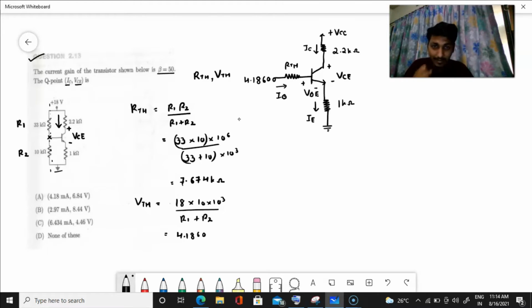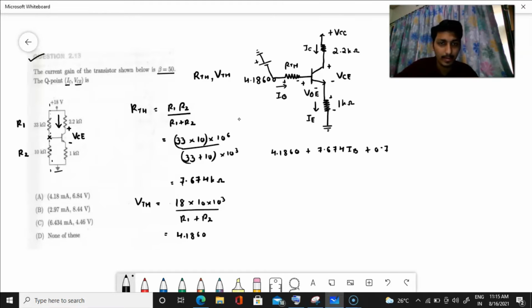So first we will go to IB. 4.1860 is equal to, with the equivalent grounded, the first polarity taken as positive, 7.674 IB plus 0.7.